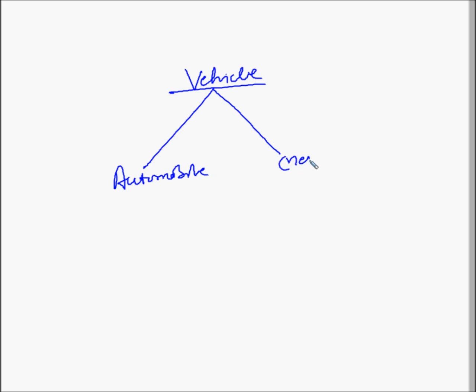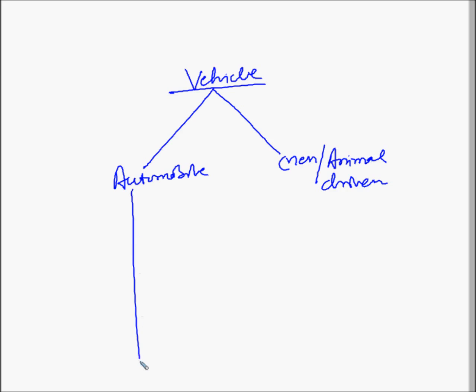Let us talk about a class. We are having a class, say, vehicle. Now we can categorize this vehicle into two: automobile, and here we can say man or animal driven vehicle.